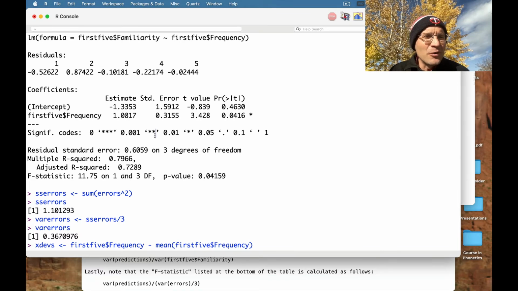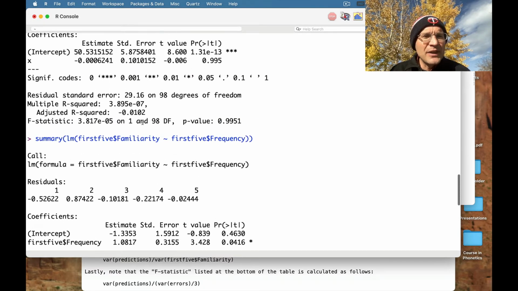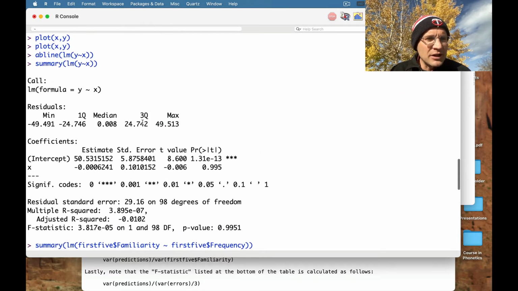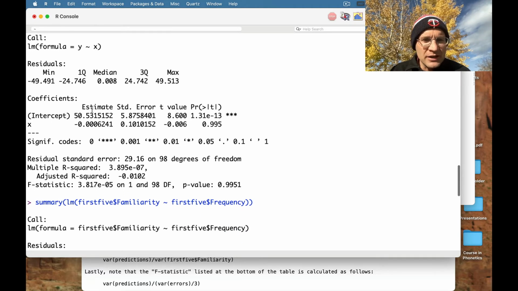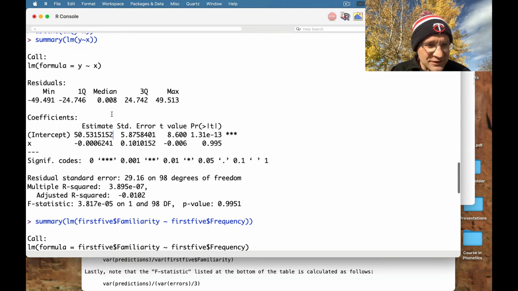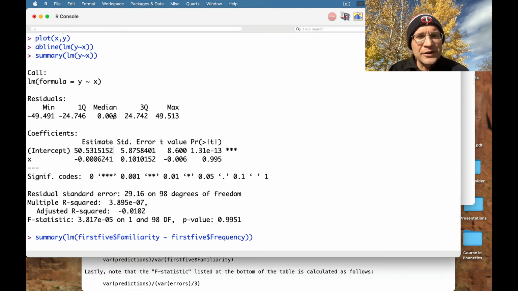In this case, we don't really care if the intercept is different from 0, and it's hard to come up with a case where you might. You can look at what we did up here with these just 2 randomly generated variables. The intercept here is estimated to be 50, because if you're just randomly generating numbers from 1 to 100, your average number is going to be somewhere around 50, right?